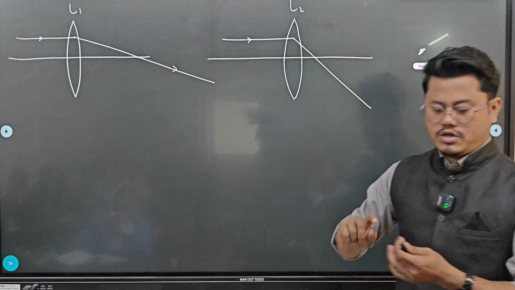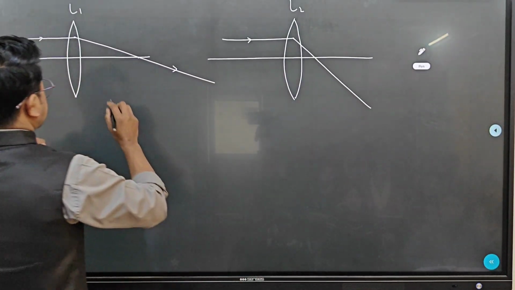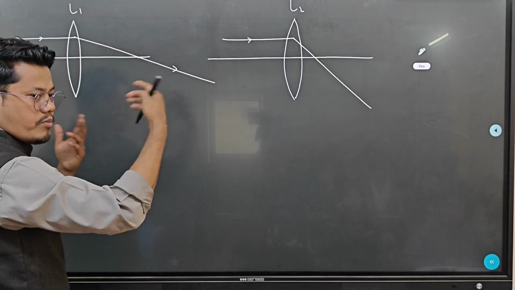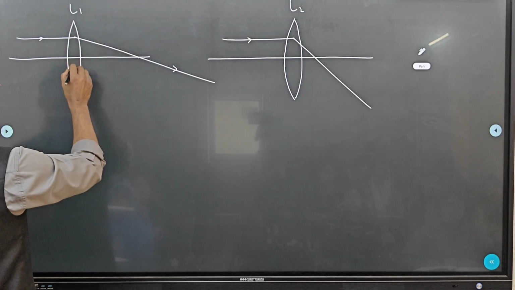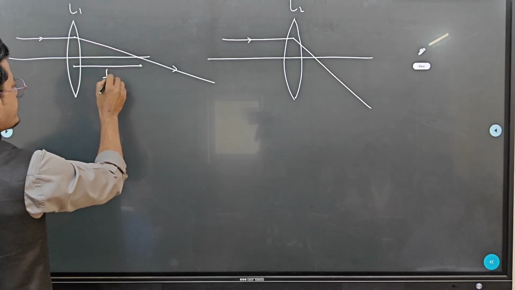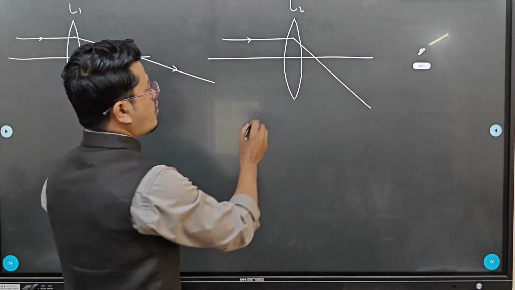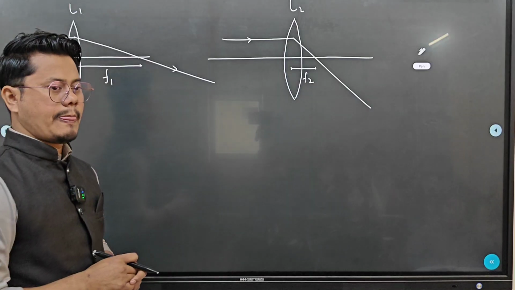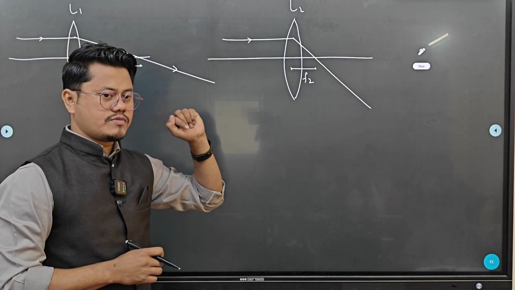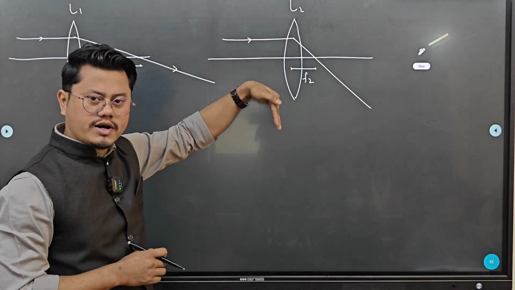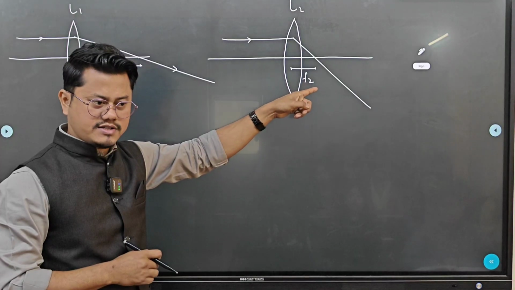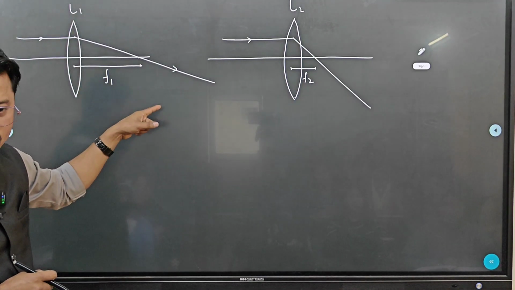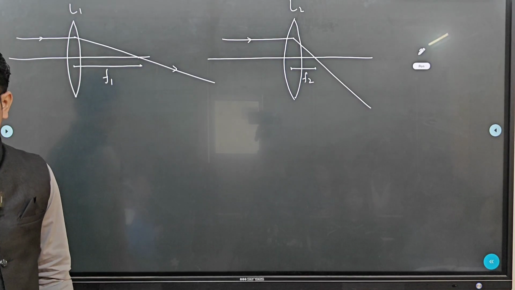Since L1 has less ability and L2 has more ability, there is a reason why the focal length of L1 is more than the focal length of L2. It clearly indicates that those lenses which have more power need to have less focal length, and those lenses which have less power need to have more focal length. I hope you understand, right?